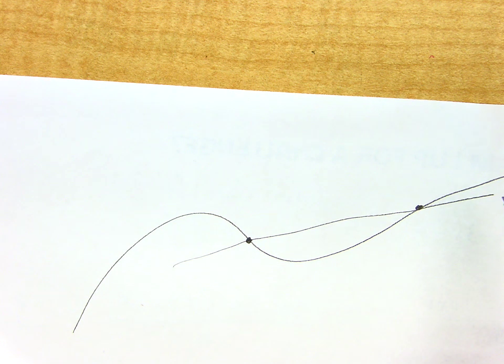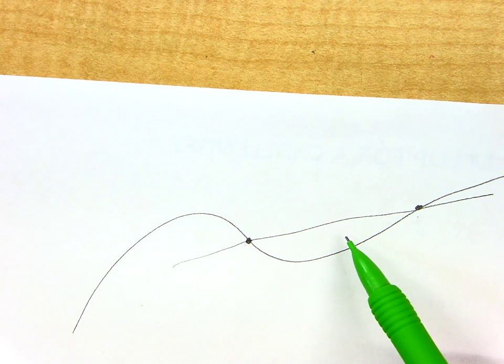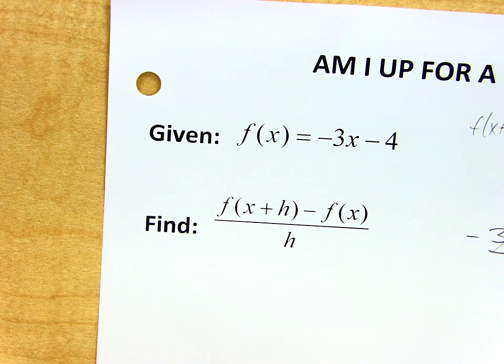What I can do is use the difference quotient and then plug in my values, and it would tell me what the slope of that line is. Okay? You'll do a lot more with this in calculus. So, this is just sort of a little preview of some of the things that we're doing with function composition here.